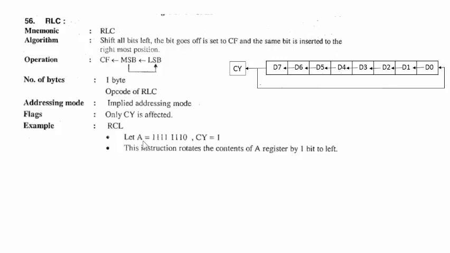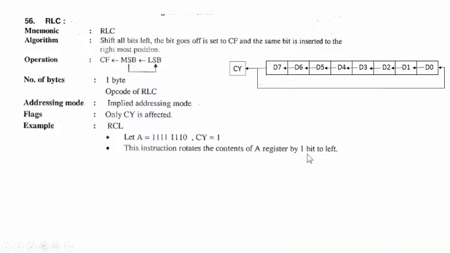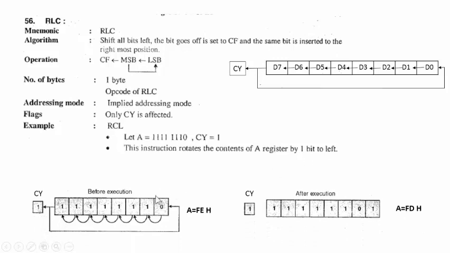For a single execution of RLC, a single shift. If you execute this instruction 8 times, means 8 times shifting, the result you will get as it is. Size of the instruction is 1 byte, only a single byte opcode.